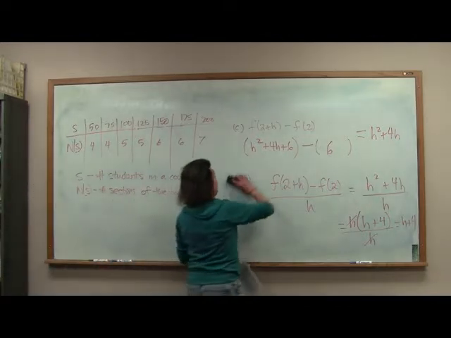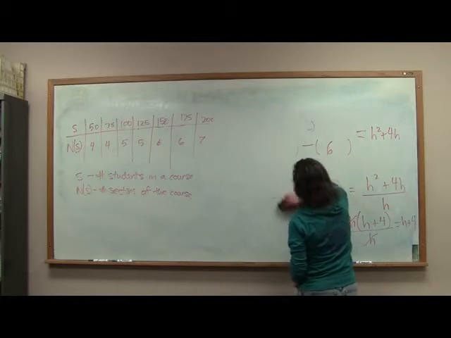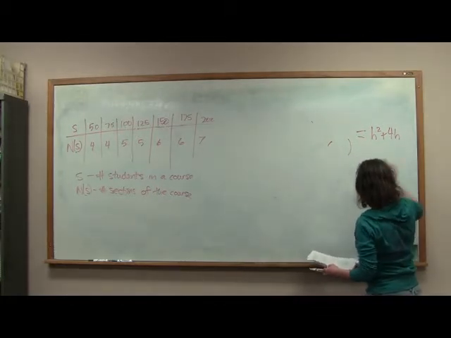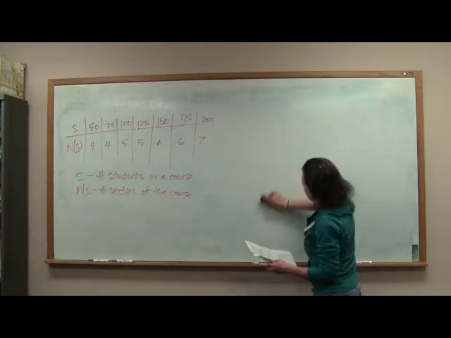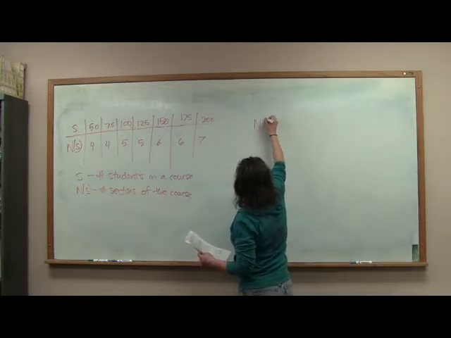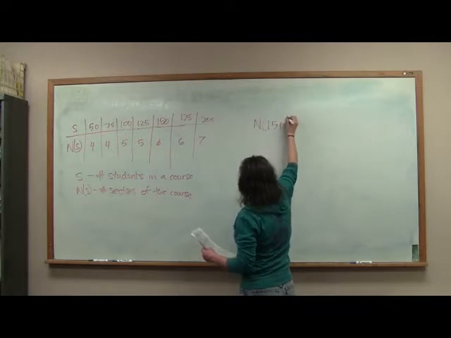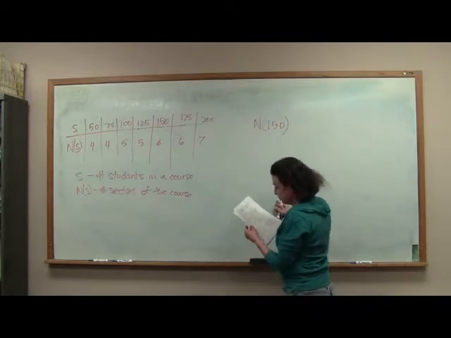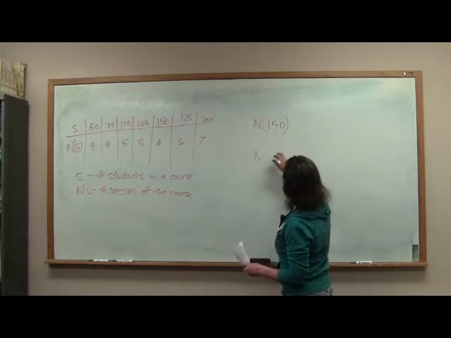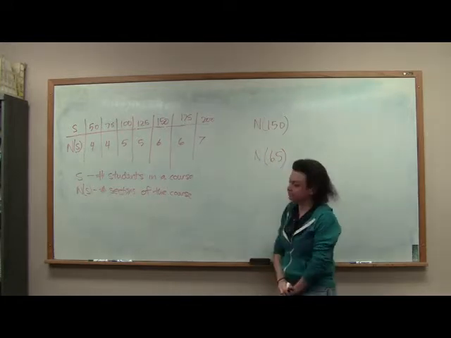So what we want to do is just evaluate and interpret a couple different things. Okay? So, let's evaluate and interpret N of 150 and N of 65.